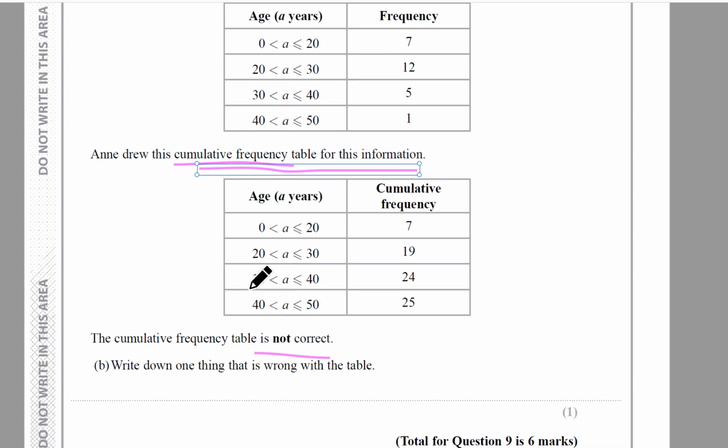Well, if you remember, that when it's cumulative, can you see this is exactly the same? So that should actually be 0 because it's all the data from 0 to 20, 0 to 30 to then make that 19. That should be 0, that should be 0. So write that down here. Class intervals incorrect.